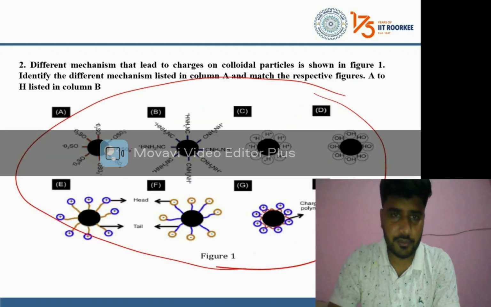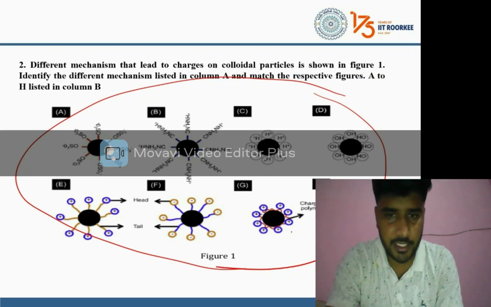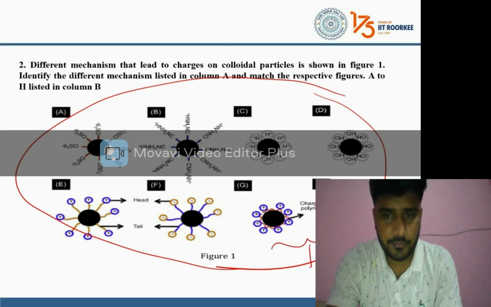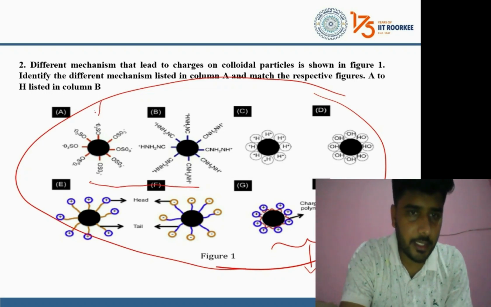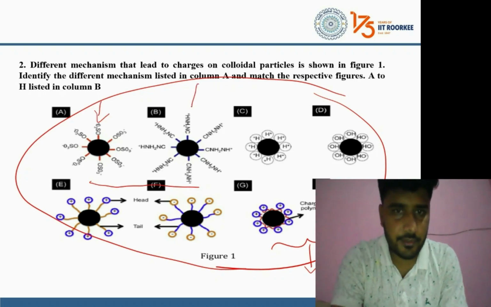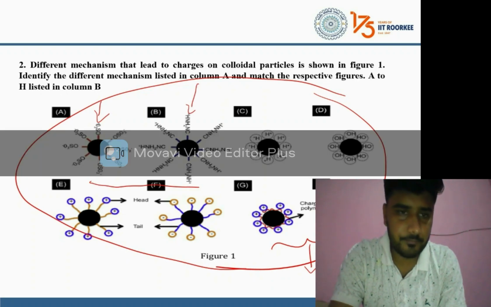So you have to select the mechanisms. These are the charged polymers, so G and H are the two options for the adsorption of polyelectrolytes. For A and B, you can clearly see the dissociation of surface groups, so A and B mechanisms are the dissociation of surface groups.